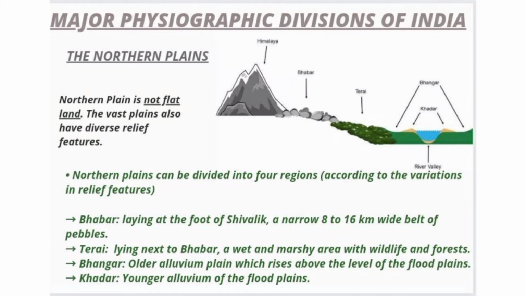Terai, lying next to Bhabar, a wet and marshy area with wildlife and forest. Bhangar, older alluvial plain which rises above the level of floodplains. Khadar, younger alluvial of floodplains.